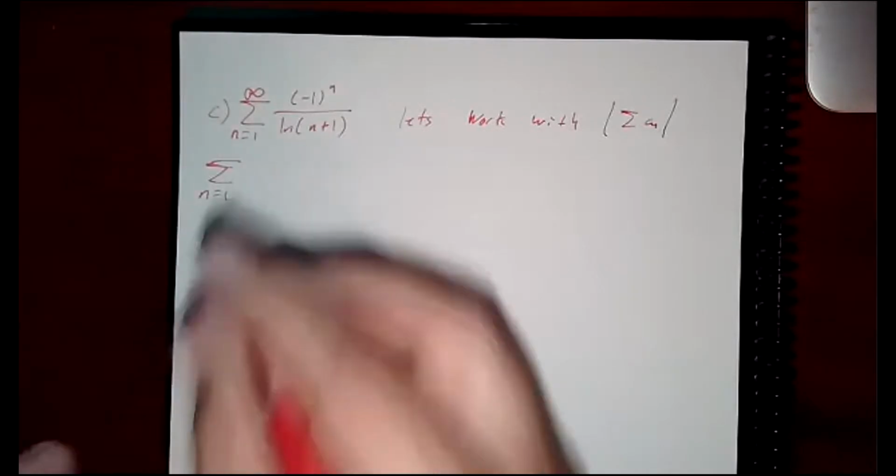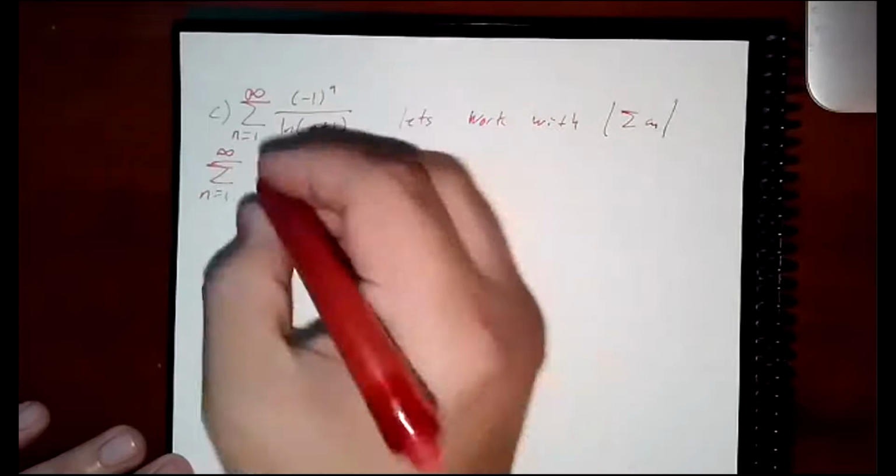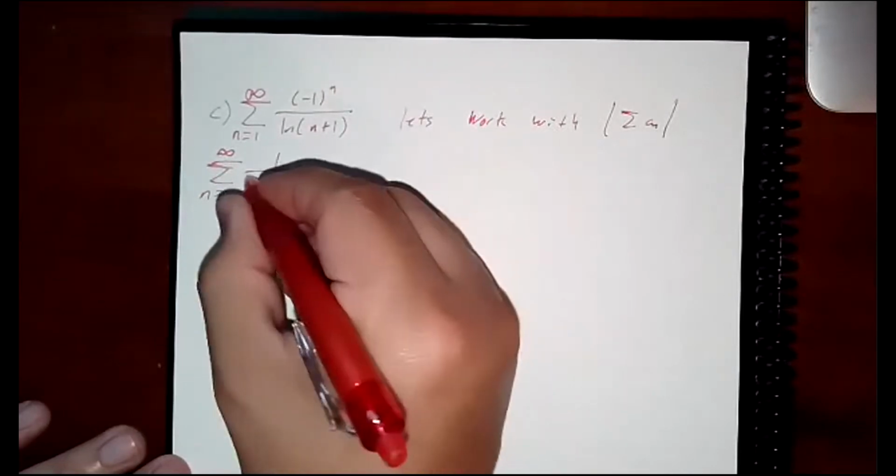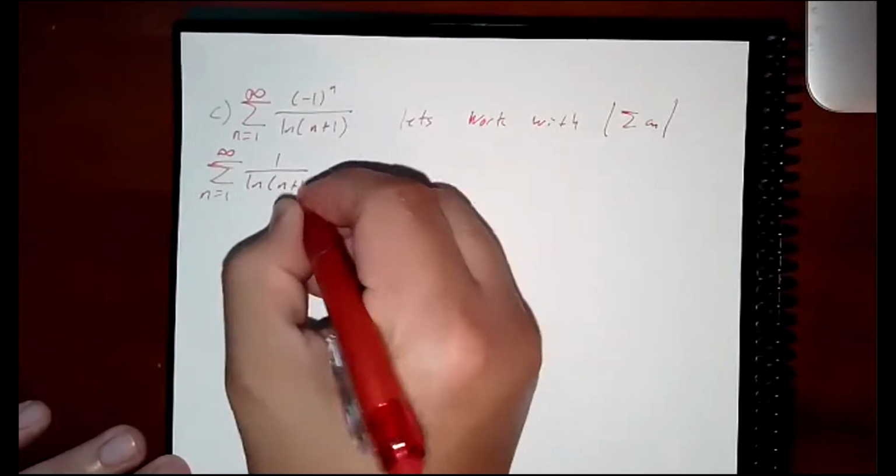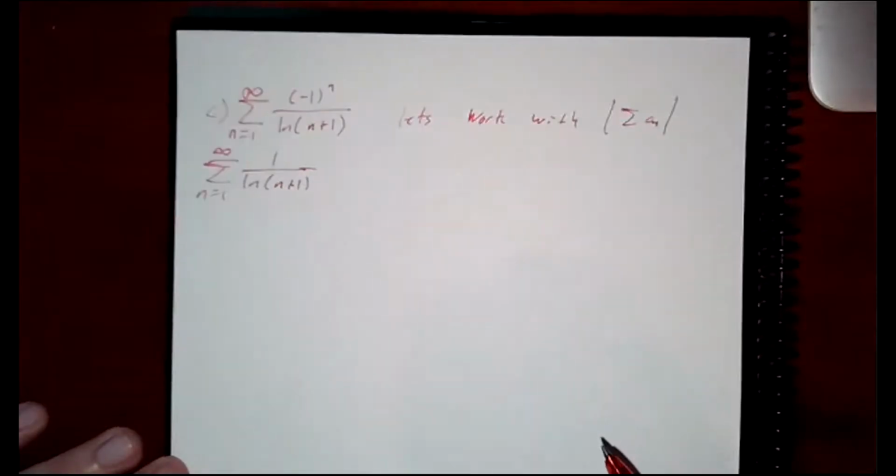Sorry, I was going to pick another question. So once you do the absolute value, you no longer have the -1 alternating anymore. So look at this guy.